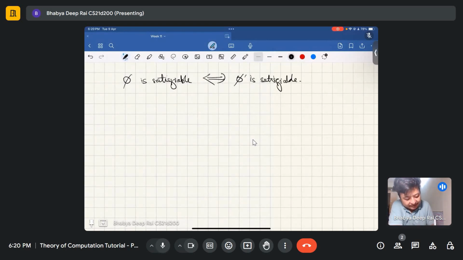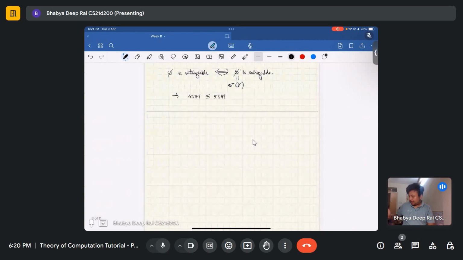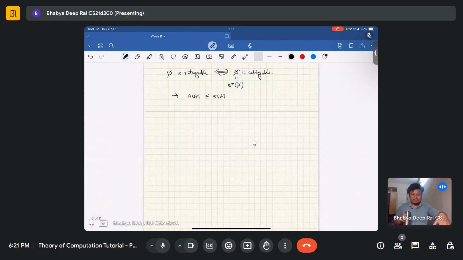And this phi prime is nothing but the sigma that I talked about, the reduction, right? This implies that 4 sat reduces to 5 sat. Intuitively also, 5 sat sounds like a more difficult problem compared to 4 sat, because there are 5 literals.